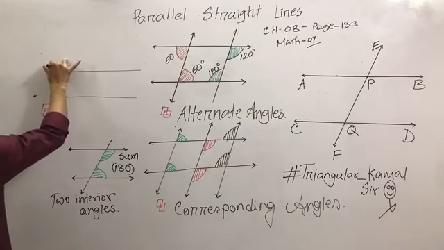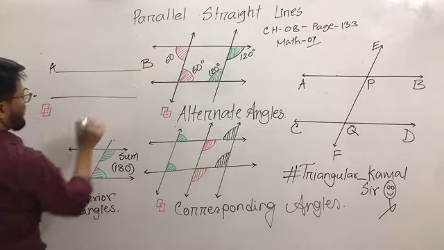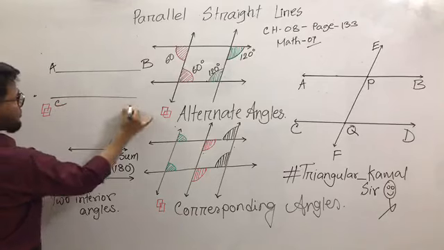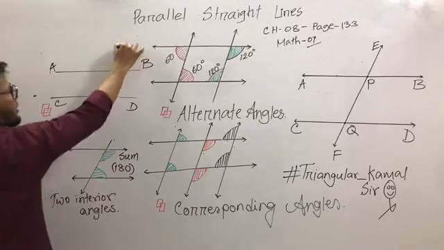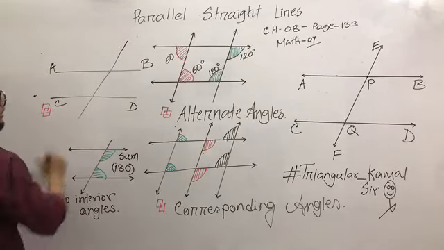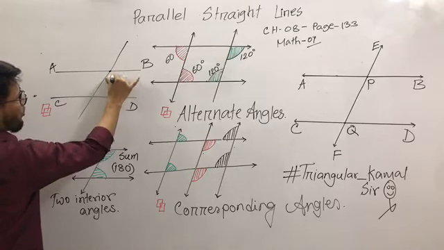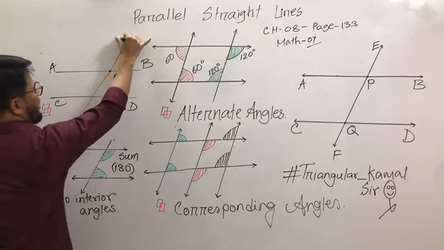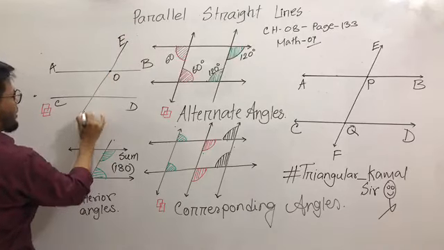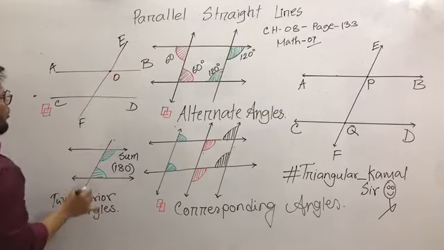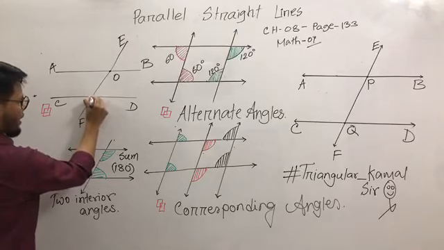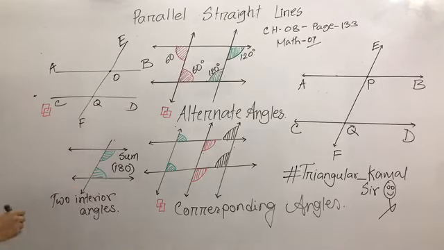This line you can mention as A and B. This line is C, D, and this is a transversal. The transversal like EF intersects AB at the point O and intersects the CD line at the point Q.